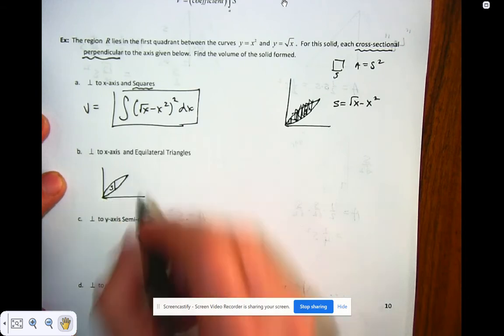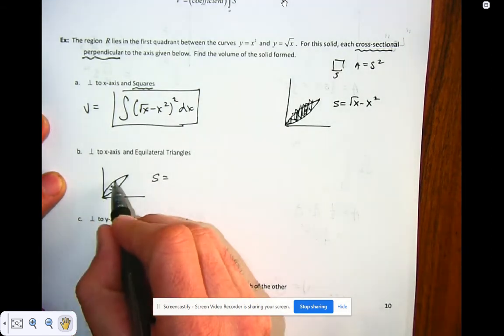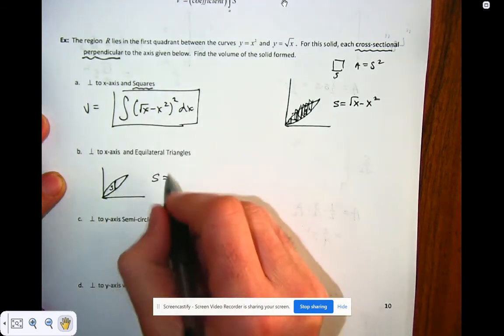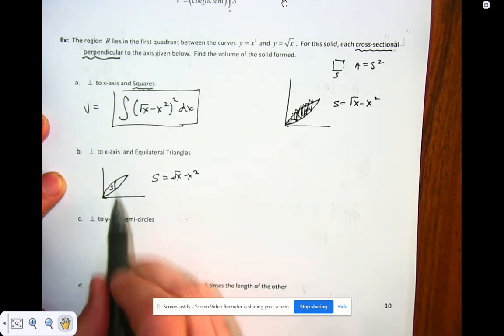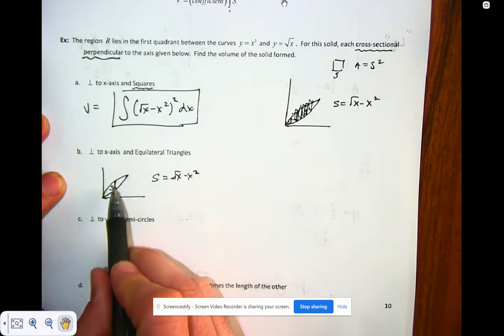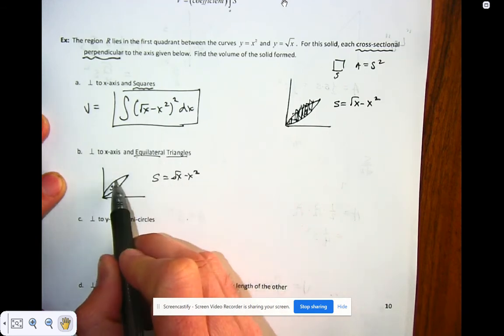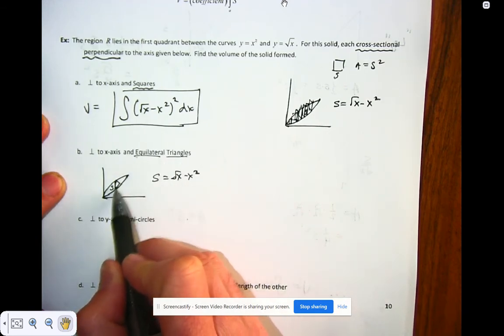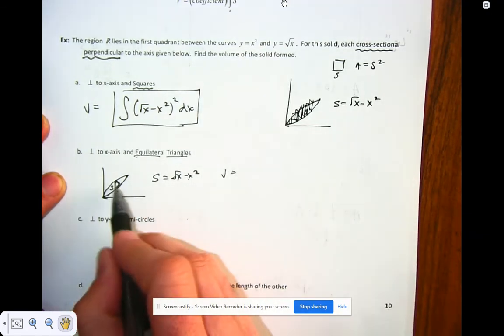They don't know. But you're going to identify S as a line segment that is always the length of top minus bottom, which is root x minus x squared. That is the distance, but it's also one side of an equilateral triangle now that's coming out of here. So really the volume is just adding up the area of all those equilateral triangles.